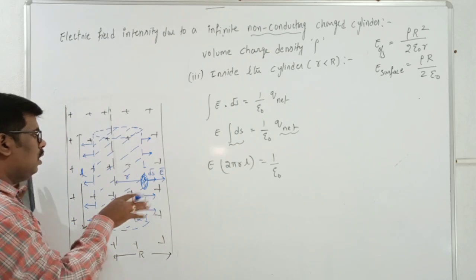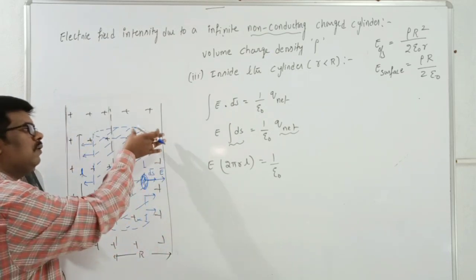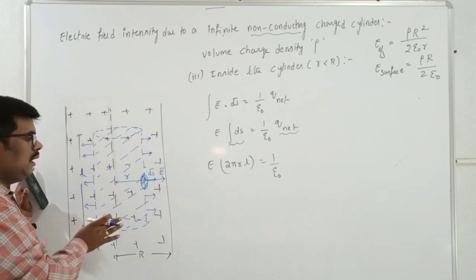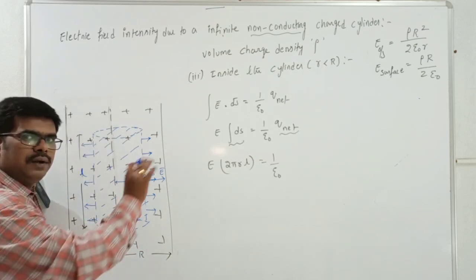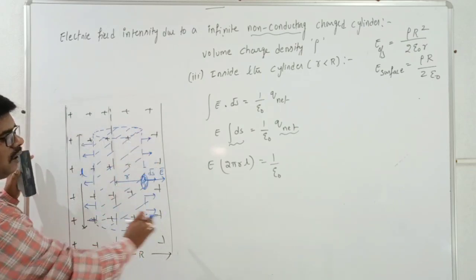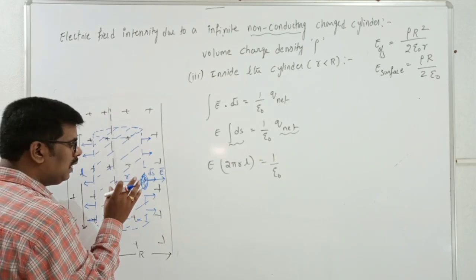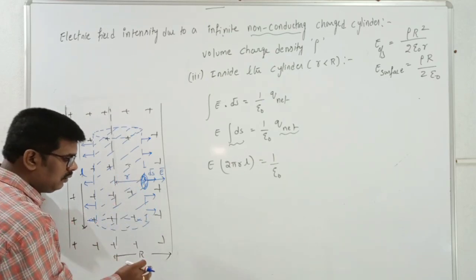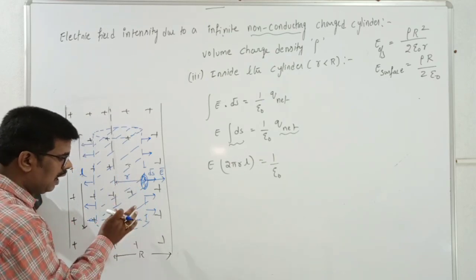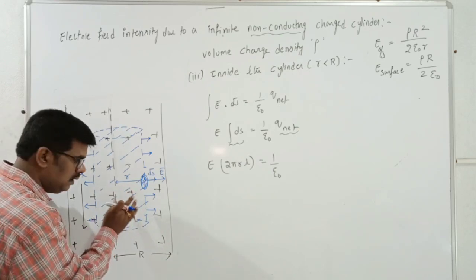Earlier, in your outside case, you took the volume of the cylinder of length L whose radius is capital R, because outside means the enclosed body is the total cylinder. But now in the inside case we need not take the radius of the entire cylinder. We have to consider the radius of the Gaussian cylinder only.